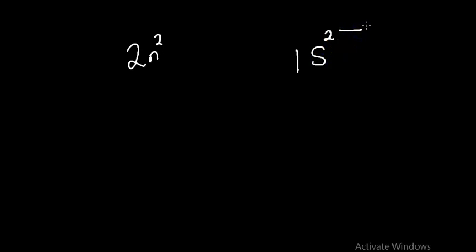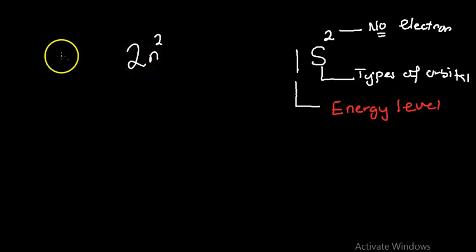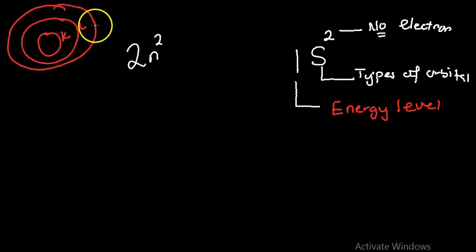In this case, the superscript stands for the number of electrons, the letter is the type of orbital, and the number is the energy level. So this is the formula we are given. Let's say we have the nucleus, then K, L, M, and N.